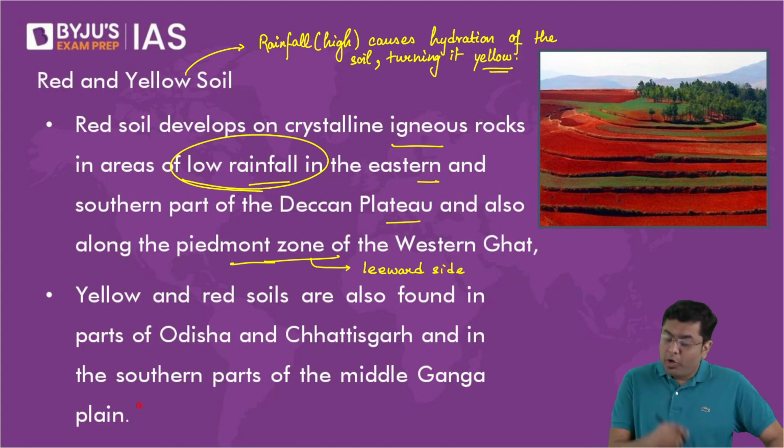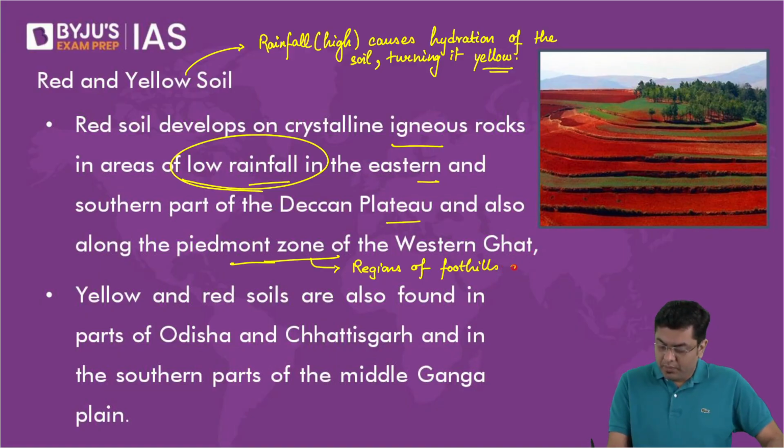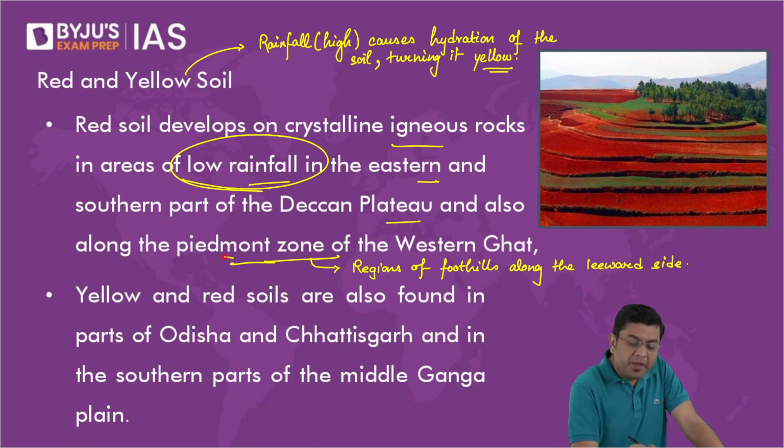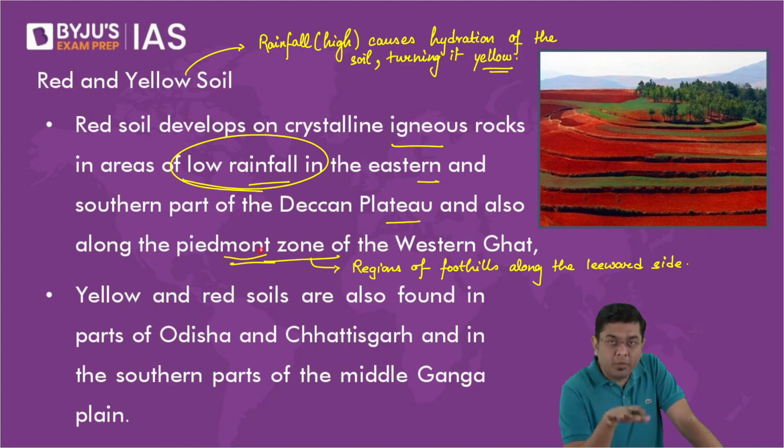Piedmont refers to the foothills, regions of foothills along the leeward side. Regions of foothills in general, that is Piedmont. It is made up of two words, Pied and Mont. Mont here refers to generally mountain, so the lower portion of it. Okay. Hydration means it forms a hydroxide.